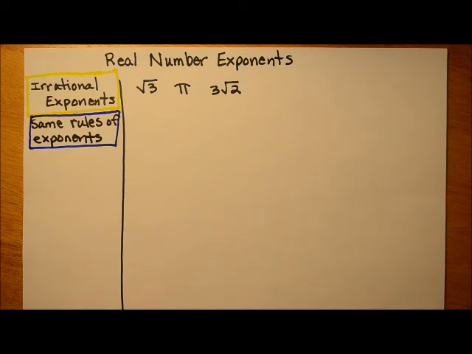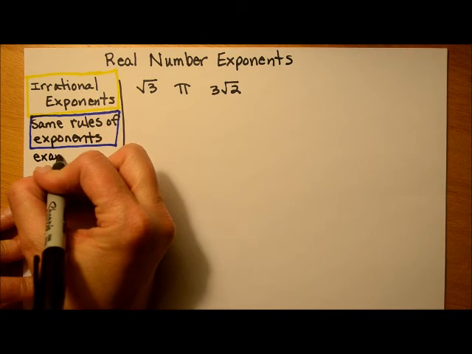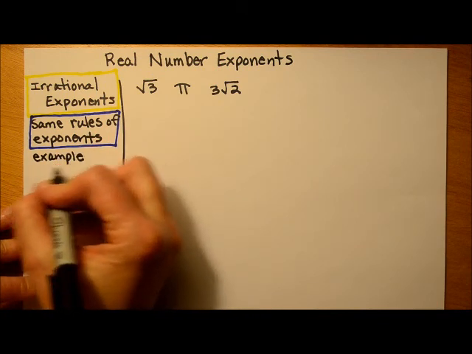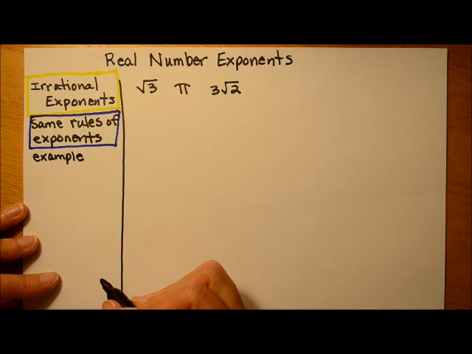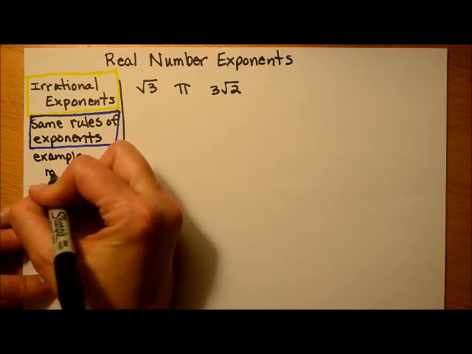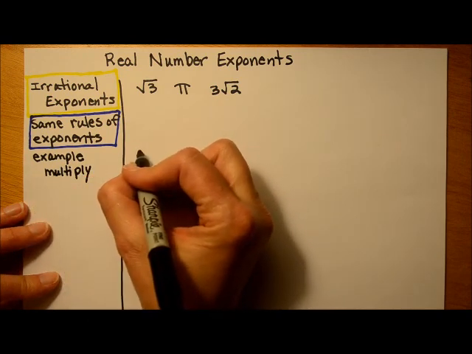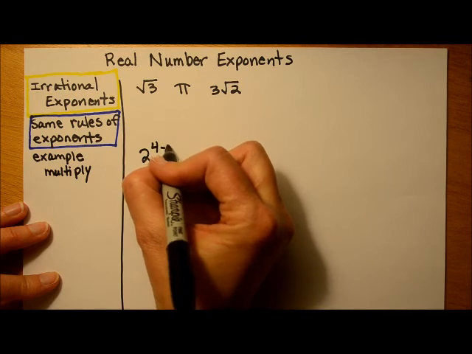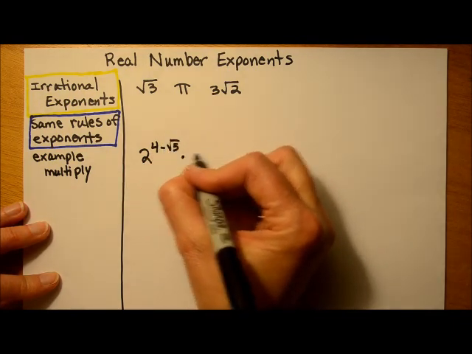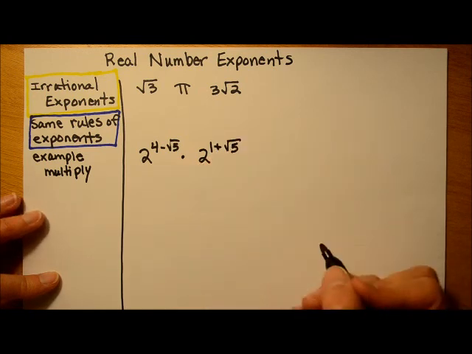So let's look at an example. This example is going to be an example where you're supposed to multiply. Here's multiply: 2 to the 4 minus square root 5 times 2 to the 1 plus square root 5.